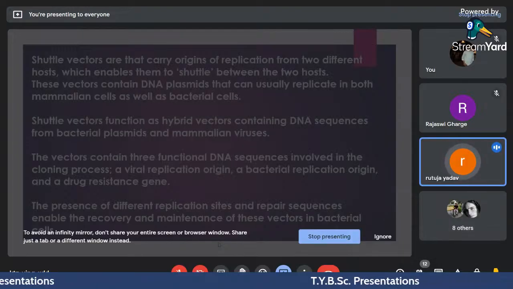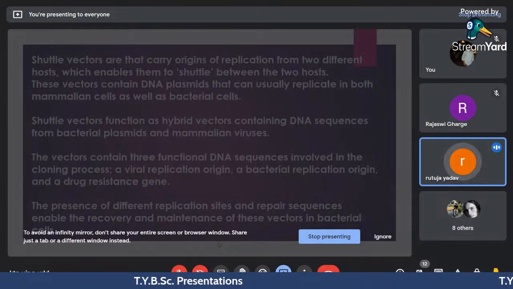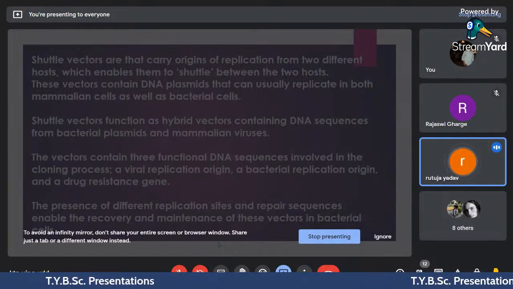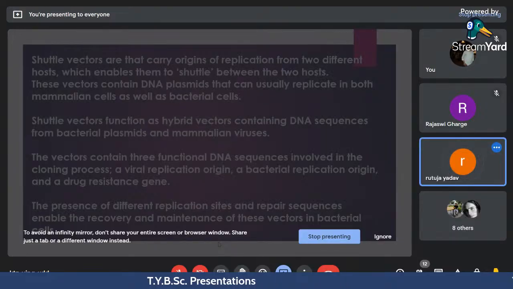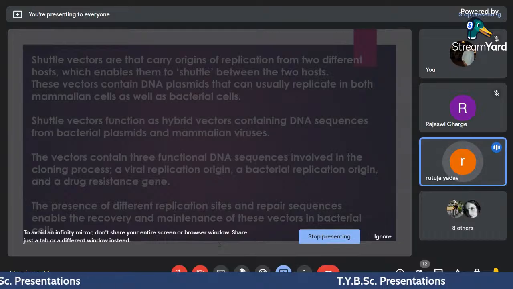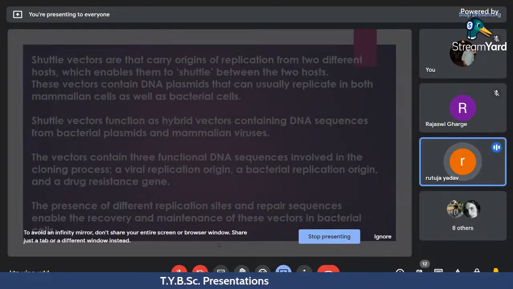The vectors contain three functional DNA sequences involved in the cloning process: a viral replication origin, a bacterial replication origin, and a drug resistance gene. The presence of different replication sites and repair sequences enables the recovery and maintenance of these vectors in bacterial cells.